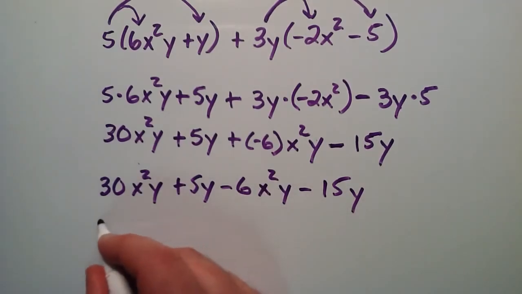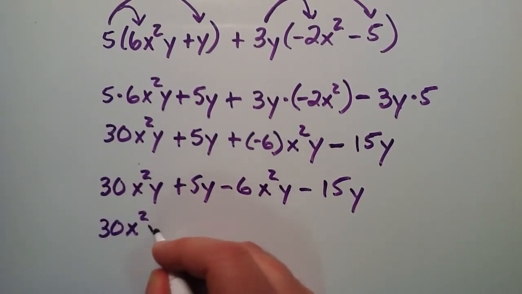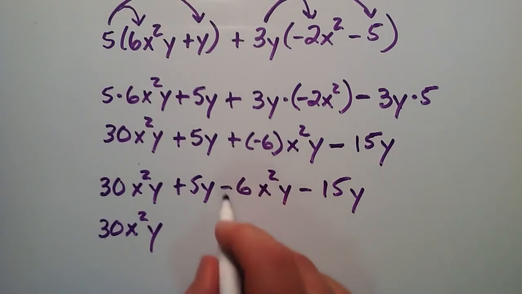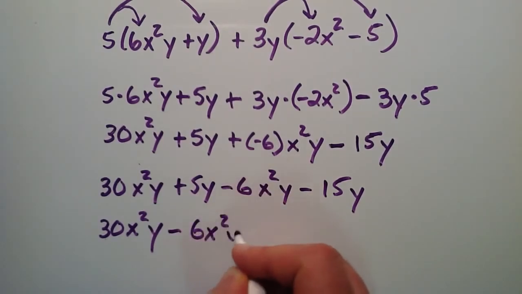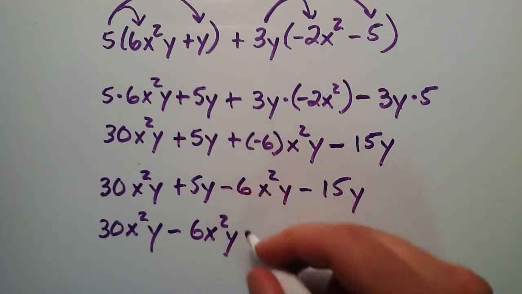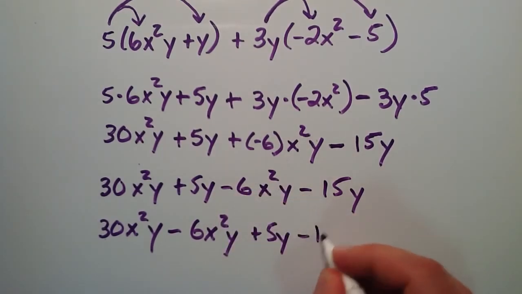So let's go ahead and write the like terms side by side so it's easier to see. So we have 30x squared y, and then we're going to move this term, minus 6x squared y. And now we have the plus 5y, we're going to write next to the minus 15y.